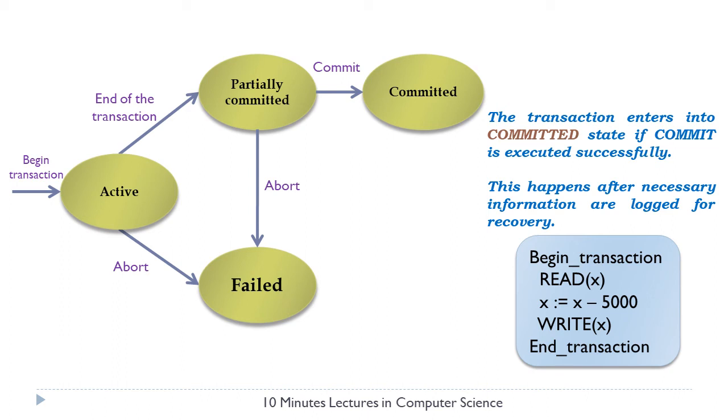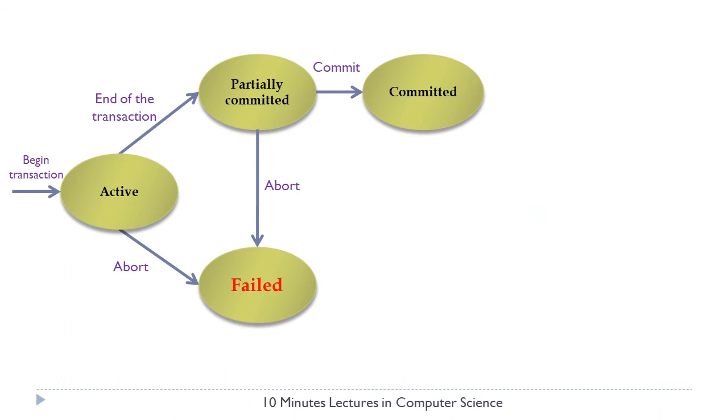For example, in this transaction, if we assume that the value of X before the transaction was 10,000, then at the committed state, the value of X will be 5,000. All the instructions were executed successfully, and this new value of X will be written into the hard disk. And from a failed state, a transaction can only enter into aborted state. So all the failed transactions are considered as aborted.